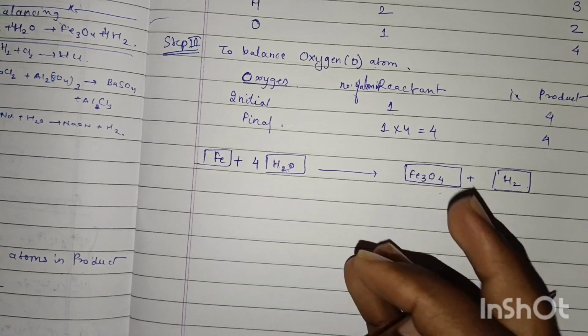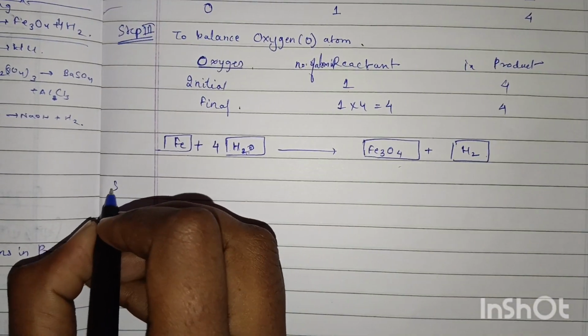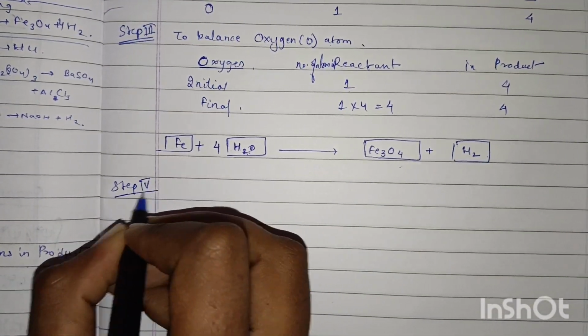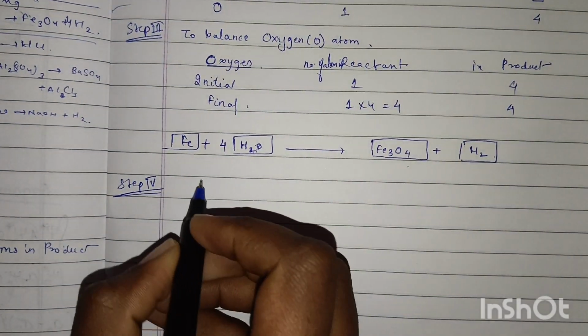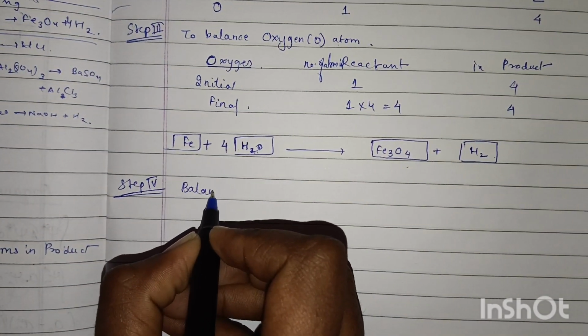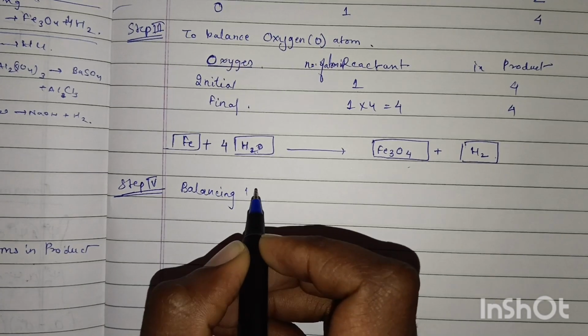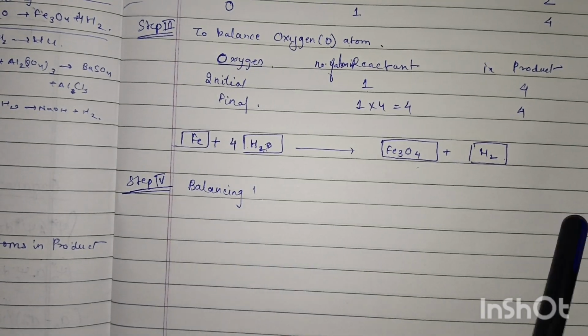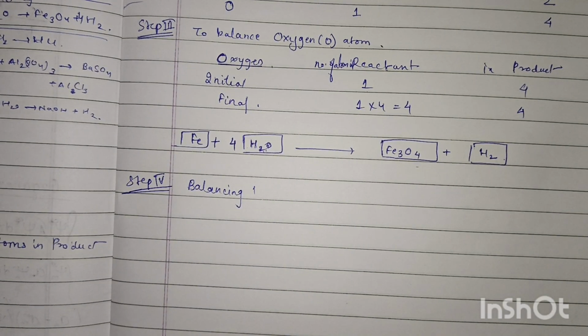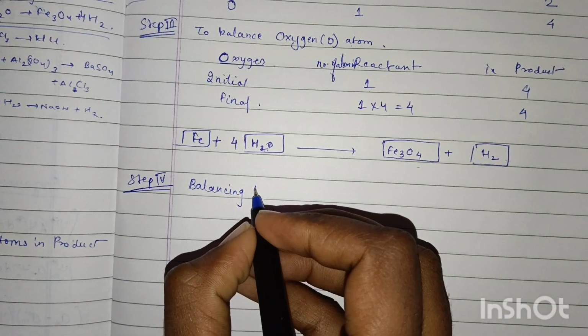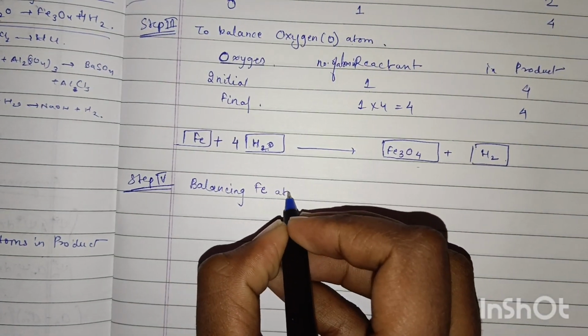Okay, and iron. Now the next step is step 4. Now let's balance iron first. You can balance either hydrogen or iron, anything you can balance. Okay, balancing the iron Fe atom.